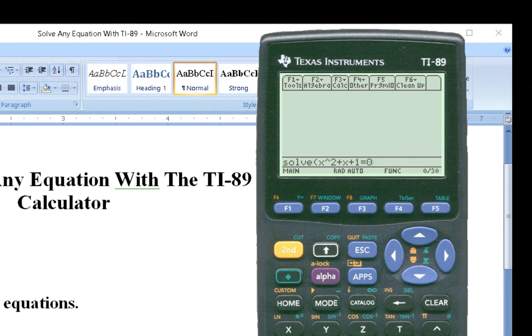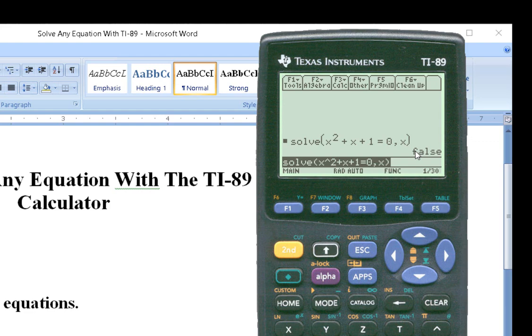Okay, comma, again, indicate the variable, close parentheses, and hit enter. And I get false. Now what that means is that the equation does not have real solutions. Okay, that simply tells you that it has imaginary or complex solutions.